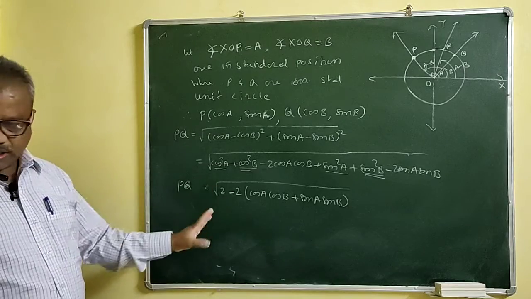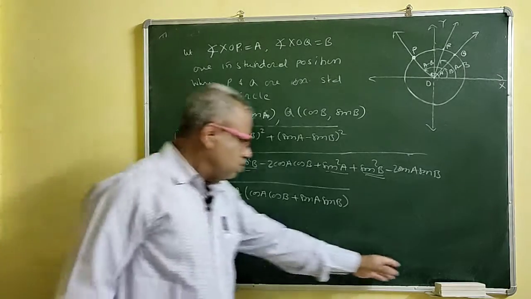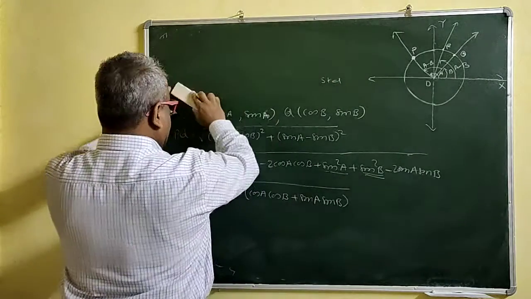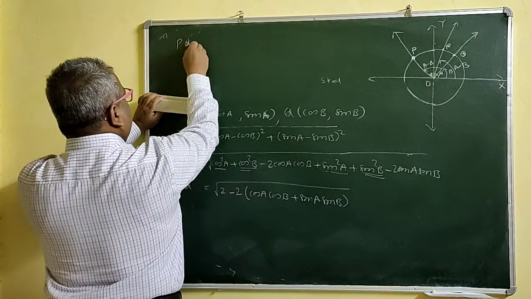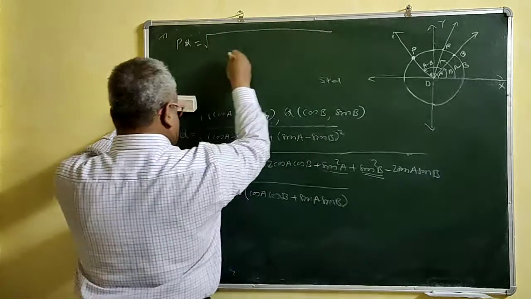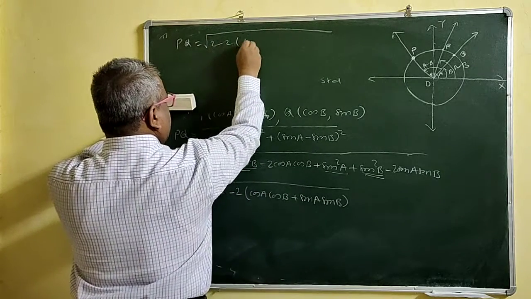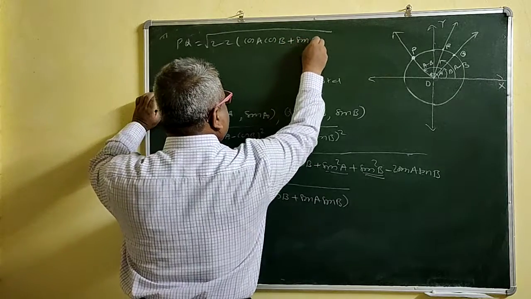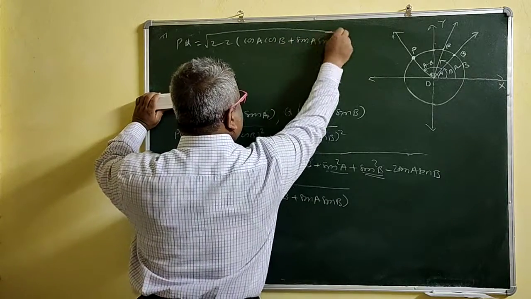We cannot simplify further, so I will write PQ here and then go to the second part. PQ is the root of 2 times (1 minus cos A cos B plus sin A sin B).